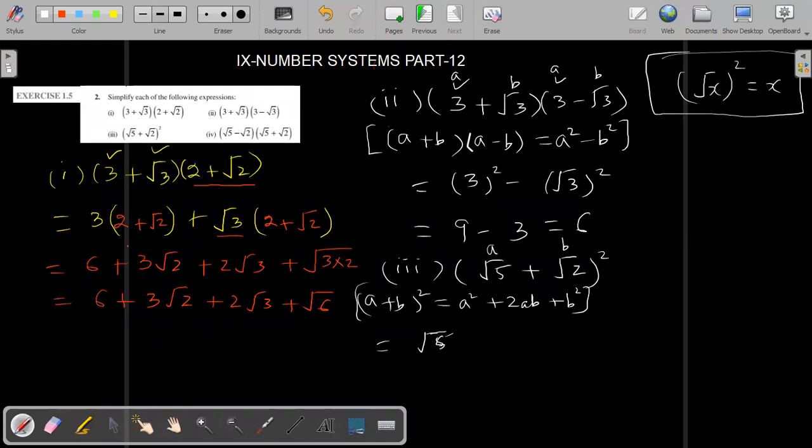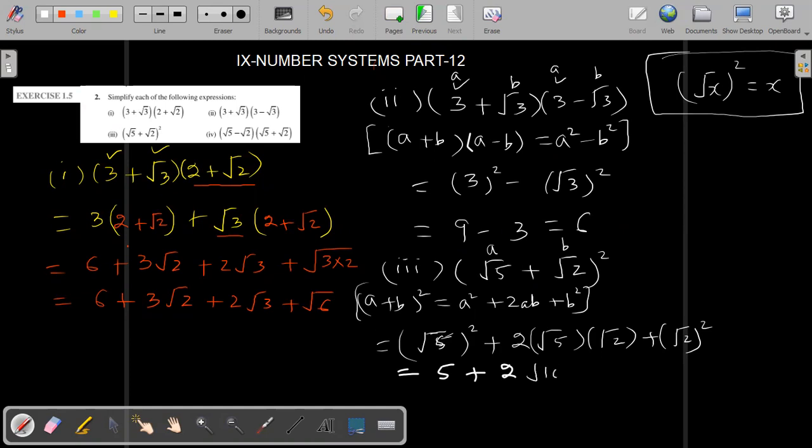So root 5 whole square plus 2 into root 5 into root 2 plus root 2 whole square. Root 5 square is 5, plus 2 root 10, plus root 2 square is 2. 5 plus 2 can be added, so 7 plus 2 root 10.